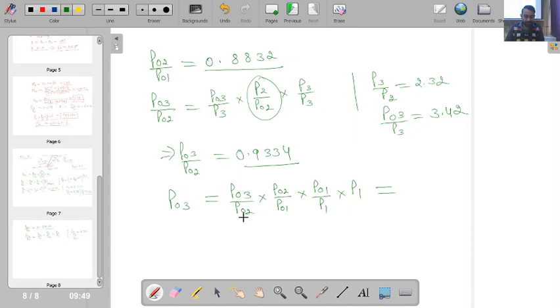So here if you see, P naught 2 is cancelling, P naught 1 is cancelling, P1 is cancelling, and I am getting P naught 3. P1 is given as 1 atmosphere. So if I substitute, I will find over here 22.37 atm. Is this point clear?